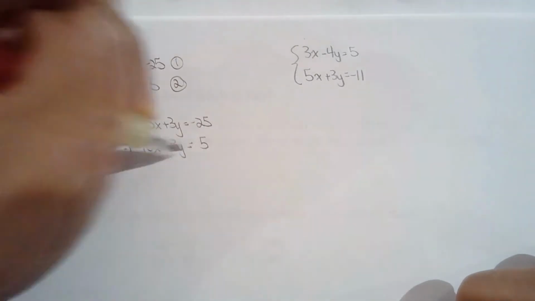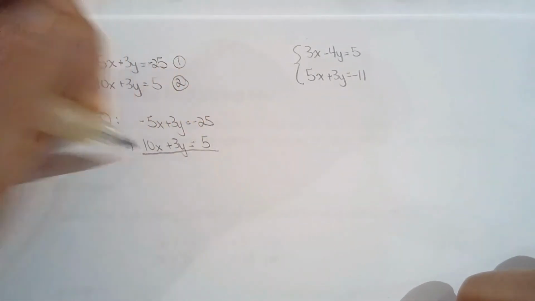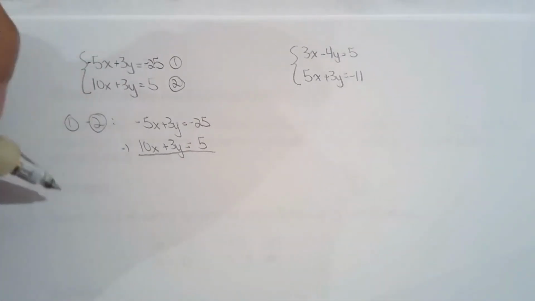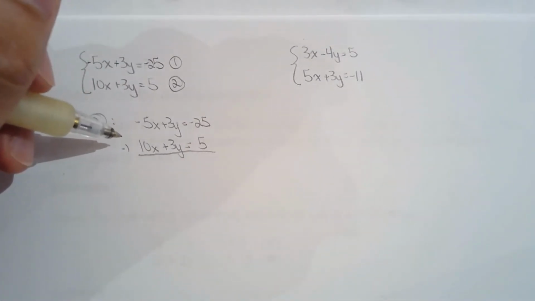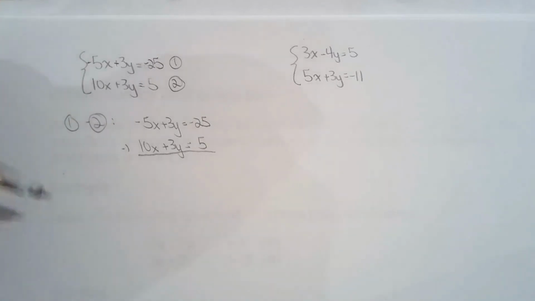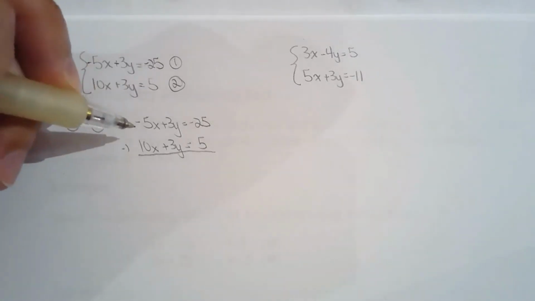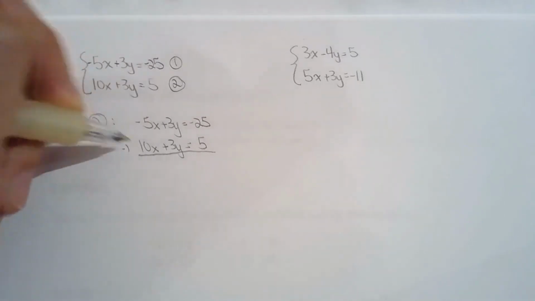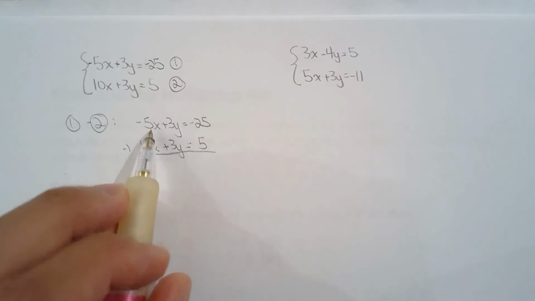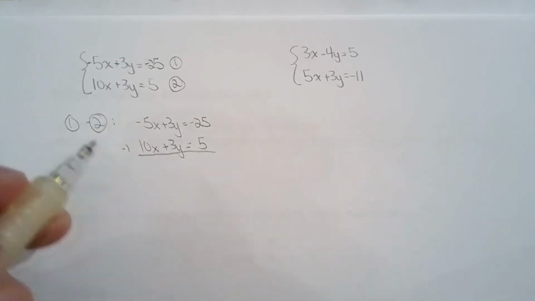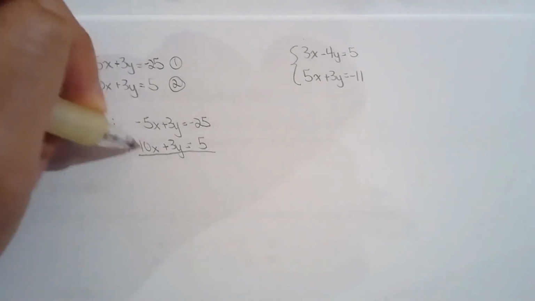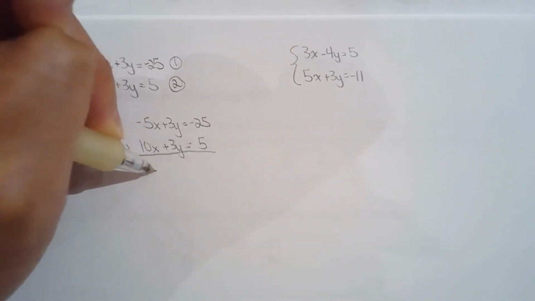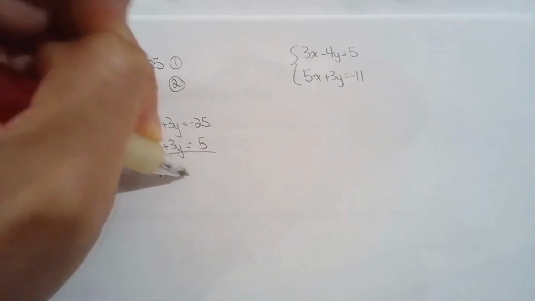So I would argue students are really good at adding the 2 equations, but they make some common mistakes when they subtract the 2 equations from one another. So what you have to realize is negative 5x minus 10x. And be careful. If this was negative, it'd be subtracting a negative, which means adding. So in this case, I don't have negative 10x, so it's just negative 5 minus 10, so negative 15x.